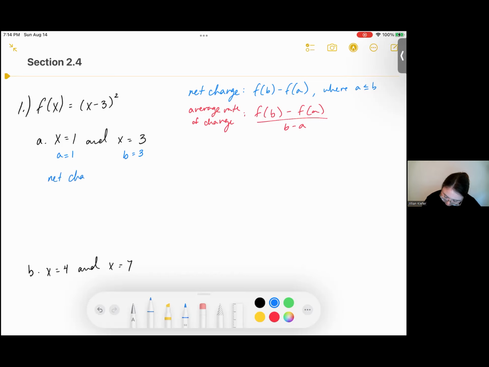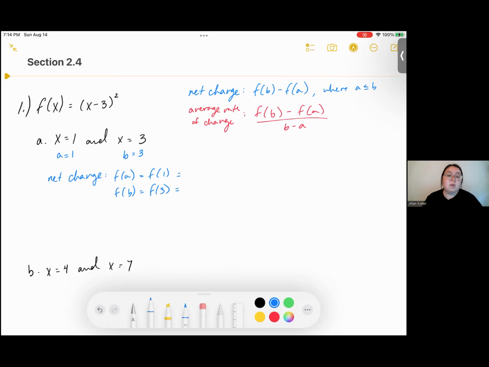So when calculating our net change, we know what a and b are, so we want to know what f of a and f of b are as well. We say that f of a is going to be f of 1, and f of b is f of 3. So now we want to actually calculate these values.